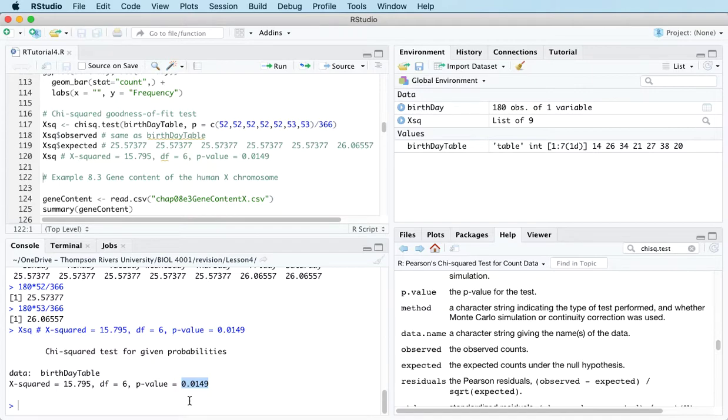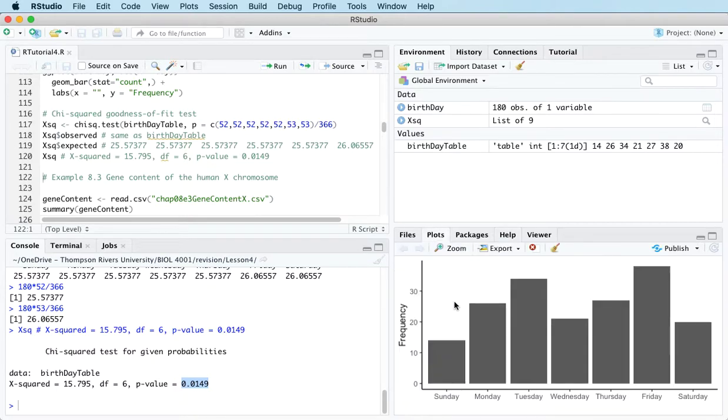And so our conclusion is, we're rejecting the null hypothesis in favor of the alternative, and so this data is providing evidence that the births are not randomly distributed over the days of the week, that the variation that we saw in the plot when we looked at the data is just too great to be explained by chance.